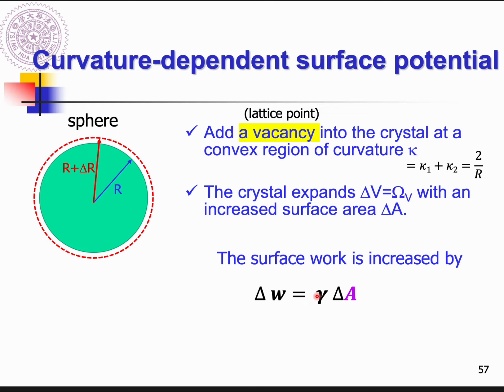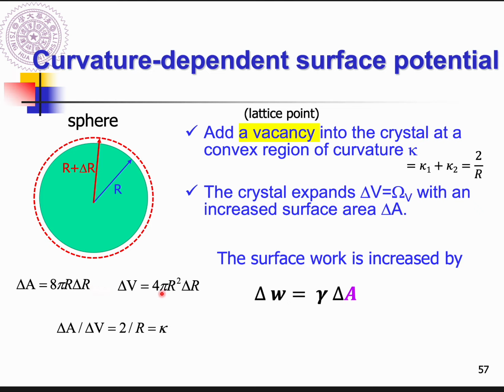So gamma, the surface energy, is easy to check from the literature, but what about delta A, the increased surface area? In order to answer this question, we need to start from delta A equals 8 pi r dr, or delta r.